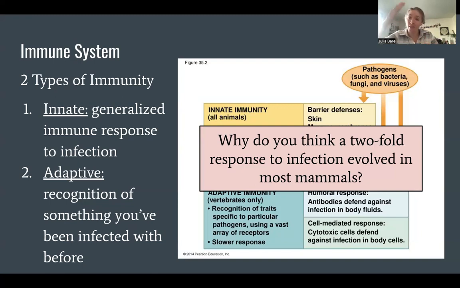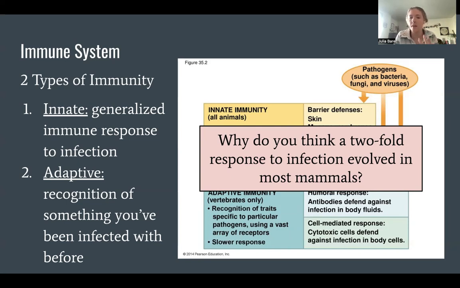But if you already have a library of infections that you have seen, your body's going to be much more prepared to defend against those infections. This is how vaccines work, which we're going to talk about in this lesson today. Think about it as if your body has its own library of information that it can draw from when it's trying to defend against certain invading pathogens.